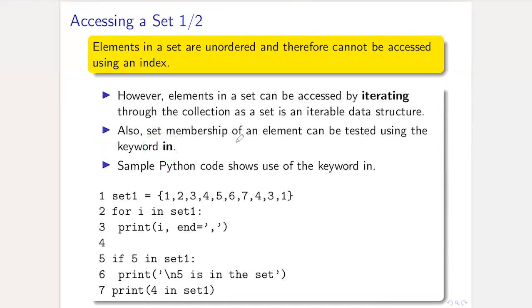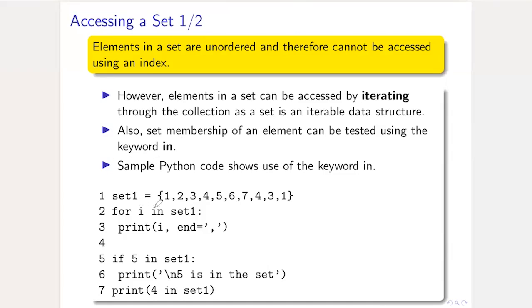I can simply iterate because the set is an iterable collection. I can simply say for, and I can use a control variable if necessary, or use the len function and give the set variable as the argument, and then I can print or assign the values from the set, because every time I go through the iterator, I will get the next value and the next value, like that.